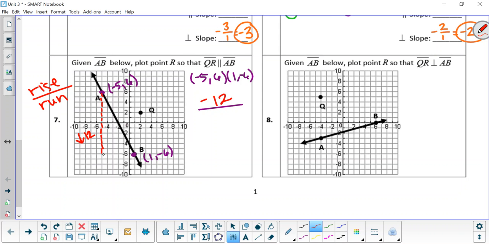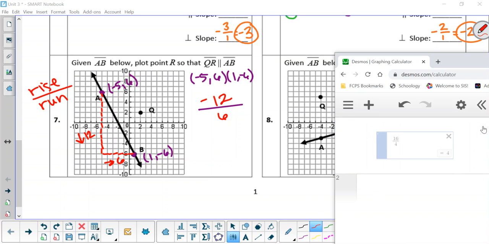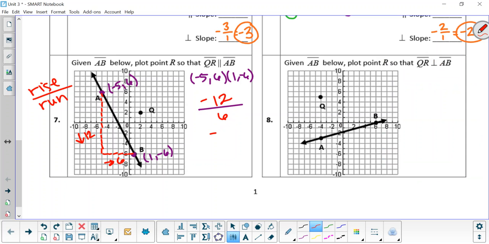And then run, we went 1, 2, 3, 4, 5, 6. Now you always have to reduce your fraction. So if you go to Desmos, -12 divided by 6 gives you a -2. So this slope is -2.